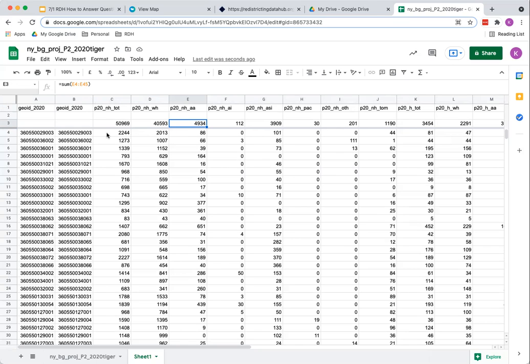Now, percentages can be often more useful than raw numbers in this regard. So for example, maybe we wanted to know what percent of my total population, my total non-Hispanic population, is white. Well, simply take the percentage. So I would take our non-Hispanic white population and divide it by our non-Hispanic total population, 80%.